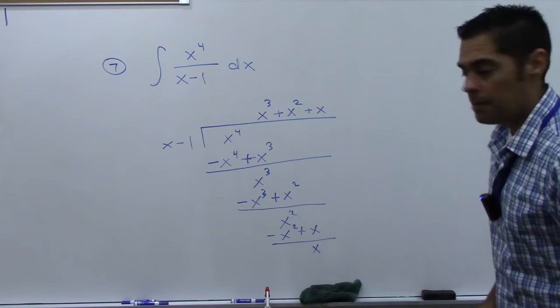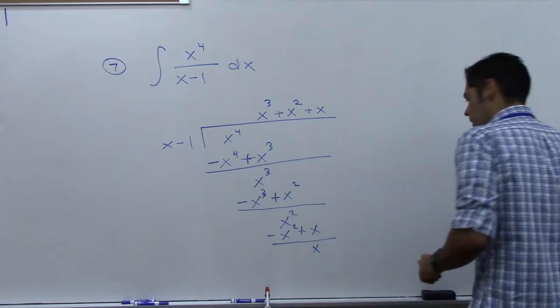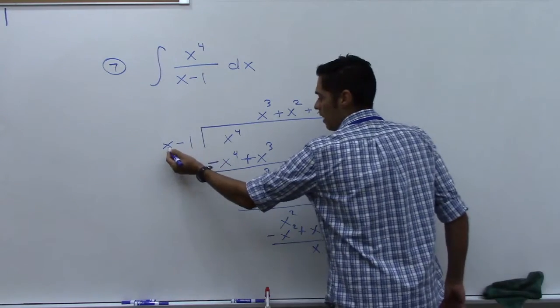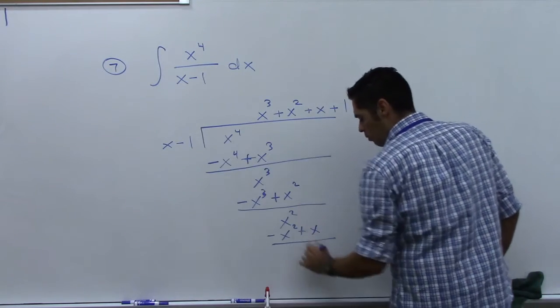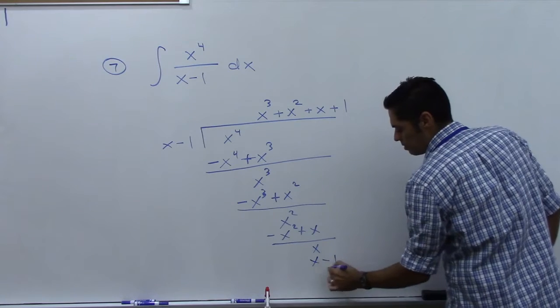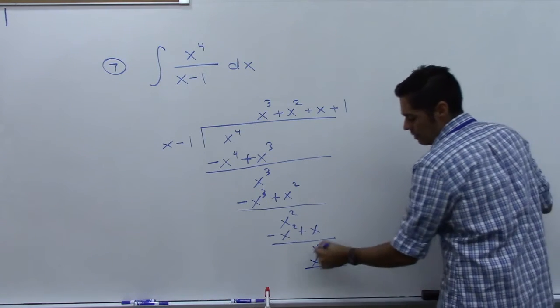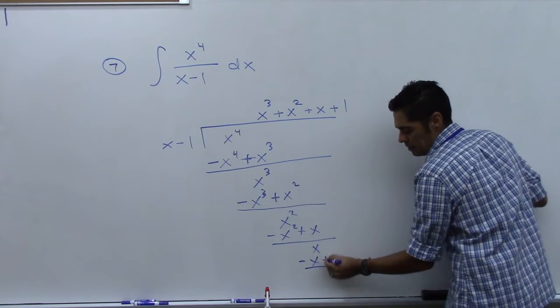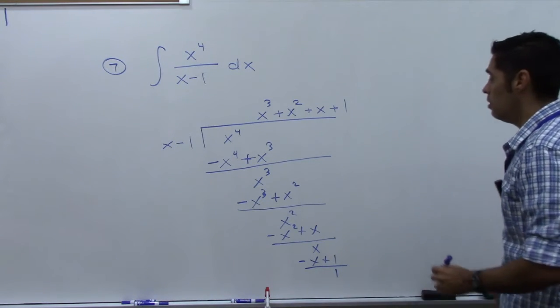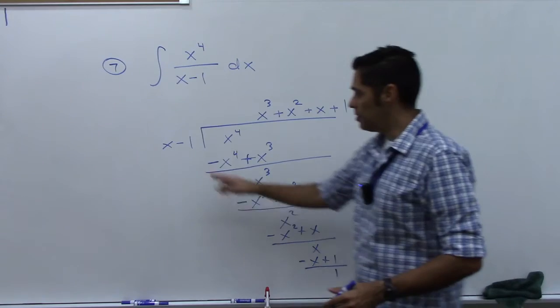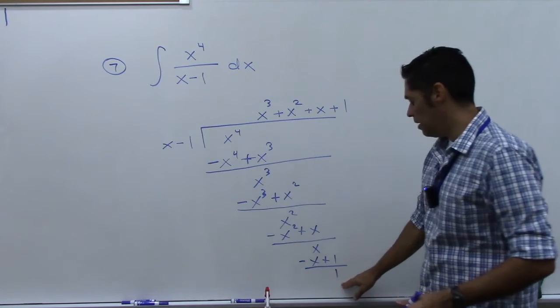And then last one, what do I multiply x by to get x? A 1. And then I multiply over there, 1 times x minus 1 is x minus 1. I subtract, so I change the signs, add down, and I get a positive 1. So this is my remainder because I can't turn x into 1.